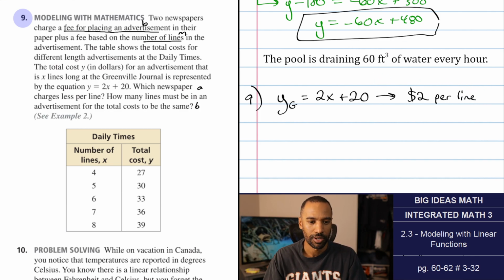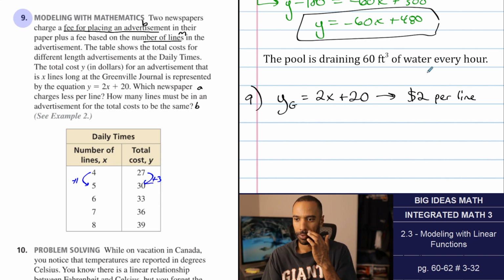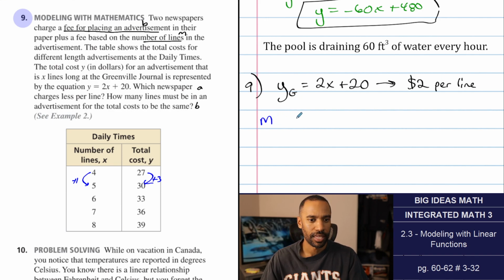Based on the table, I can see that every time you increase one line, you are adding an extra $3. So that's going to be a slope. That's a rise of 3 and a run of 1. So for the slope for the Daily Times, I'll just put D. The slope for Daily Times is going to be 3 over 1, which is $3 per line.